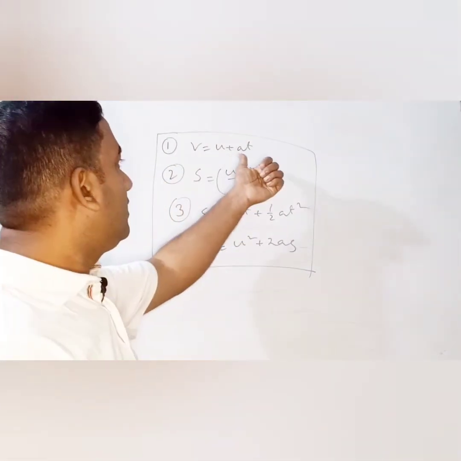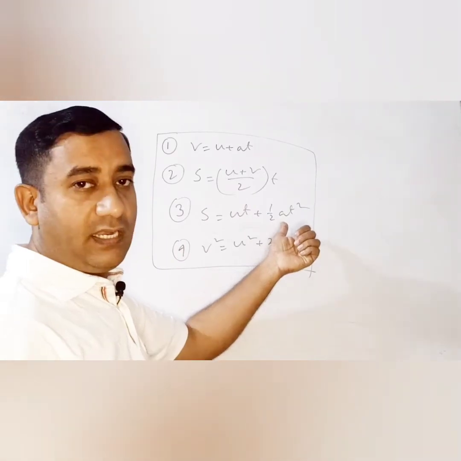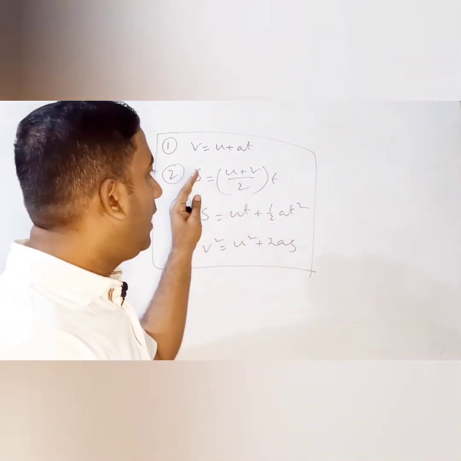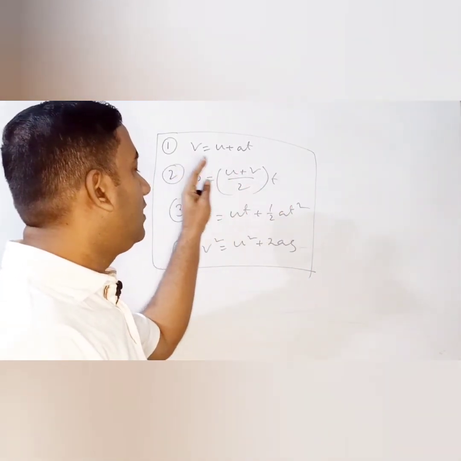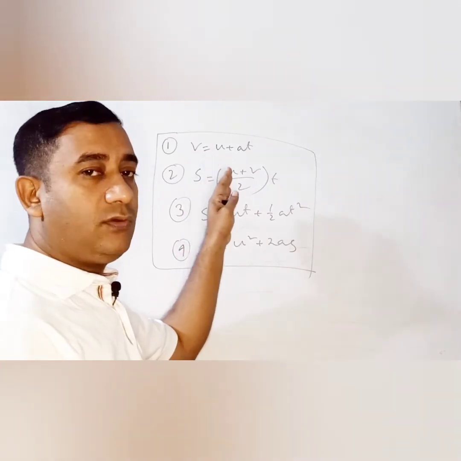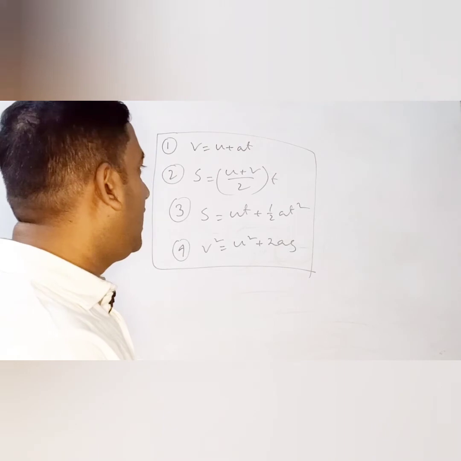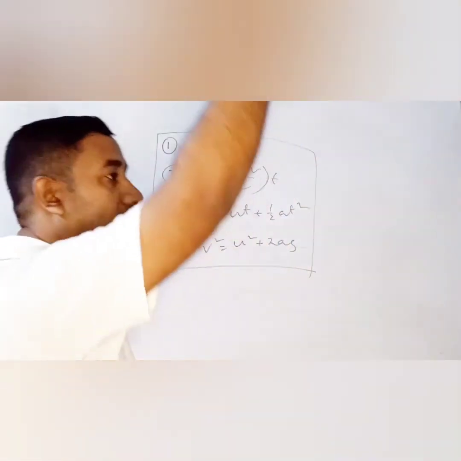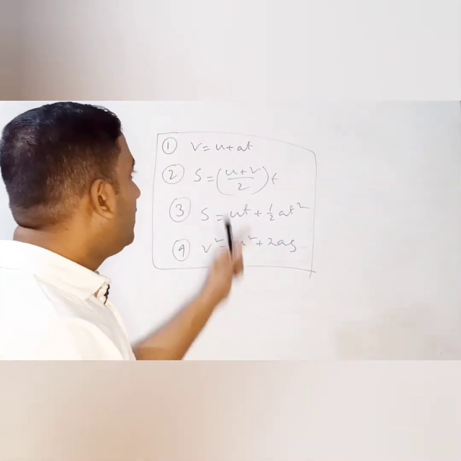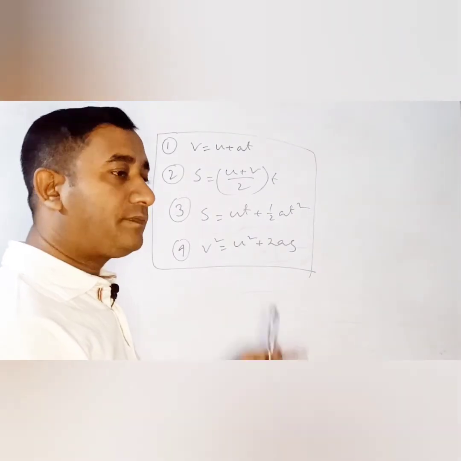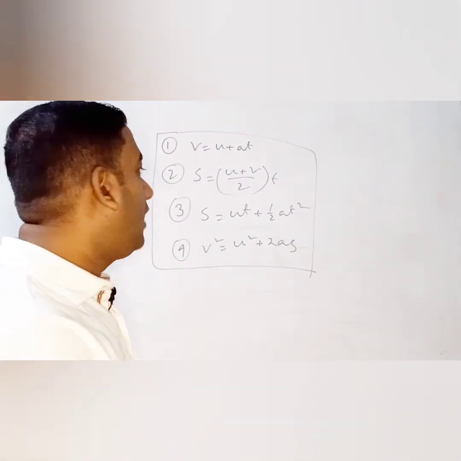So this is the normal acceleration, you know, that is used on a plane surface. But if a substance goes upward or comes down, then this acceleration will be acceleration due to gravity.